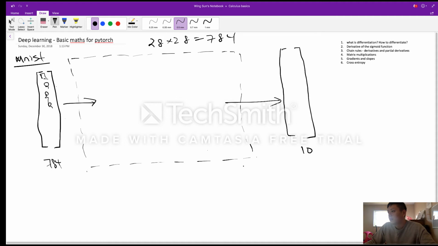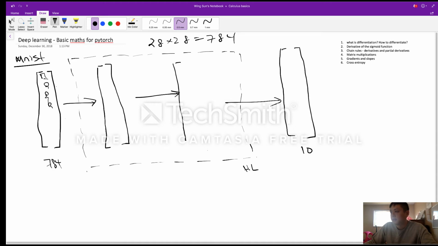So you have the hidden layer right here. Let's say I have two hidden layers: one hidden layer right here, and then this gets transformed into another hidden layer. Now, how do you determine how many layers you have? Well, it's up to you.